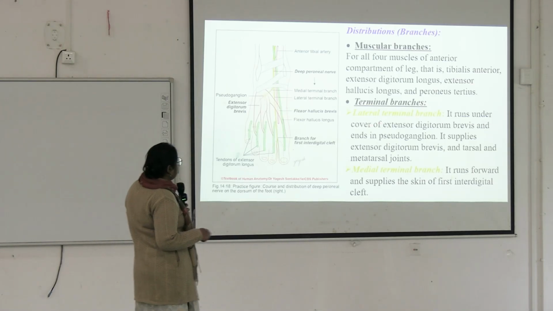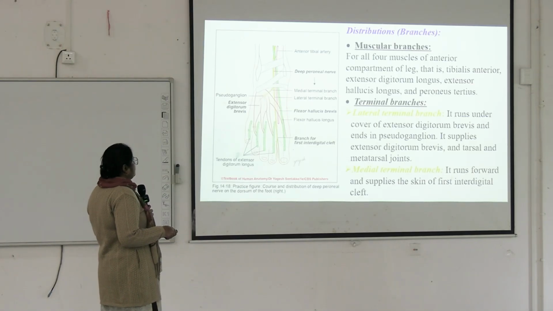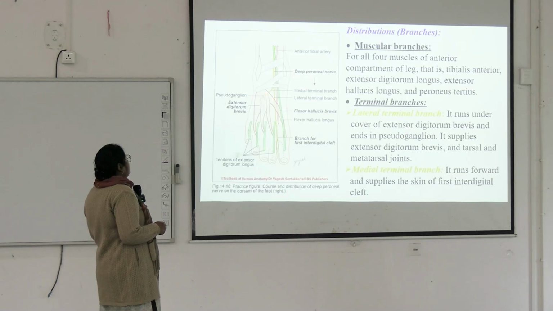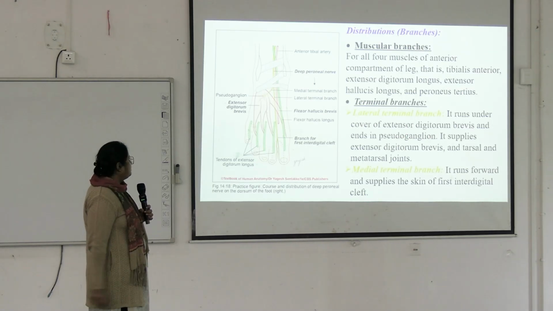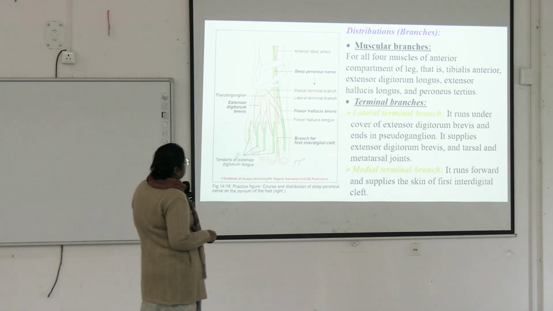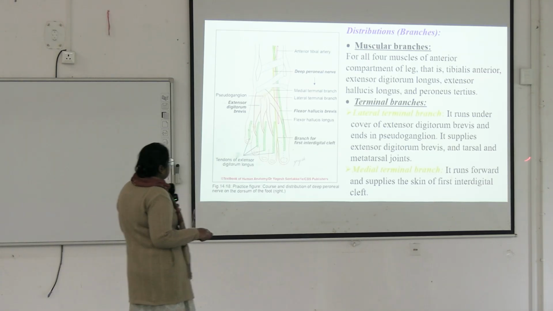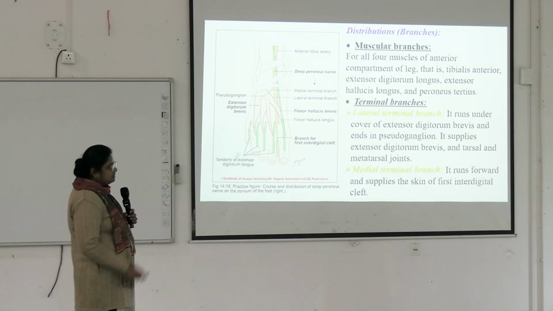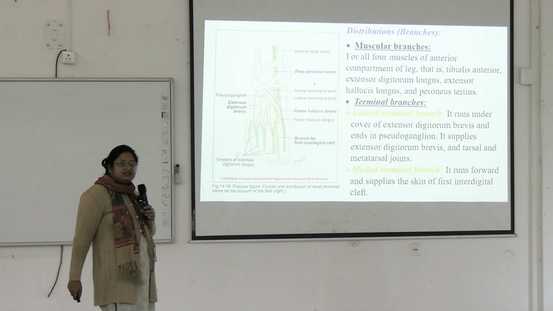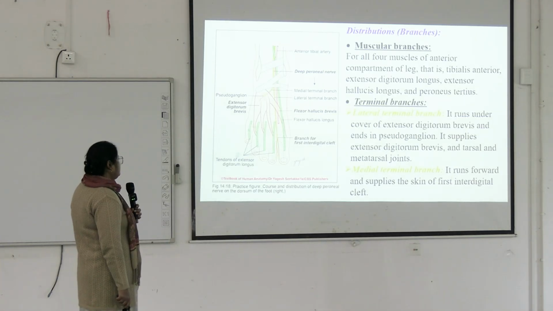It runs underneath this muscle and ends in a pseudoganglion. Here is a dilatation you can see. This is pseudoganglion formation and it supplies the extensor digitorum brevis and the tarsal and metatarsal joints. So this is supplying area of lateral terminal branch.